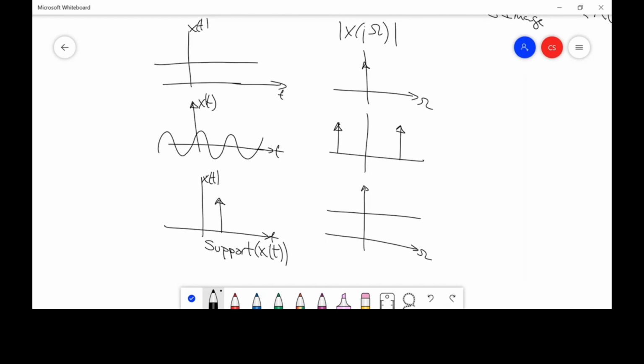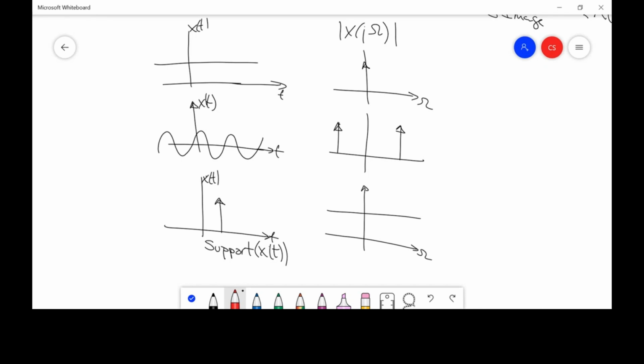So there seems to be a kind of trade-off between the two. If this is wide here, then here it is very short. If it is short in time, it is very wide in frequency. And that is a pattern. So you may define somehow, this is a very loose definition, but we don't have even a definition on the slide, but you may try to measure more or less what is the extent of this signal.